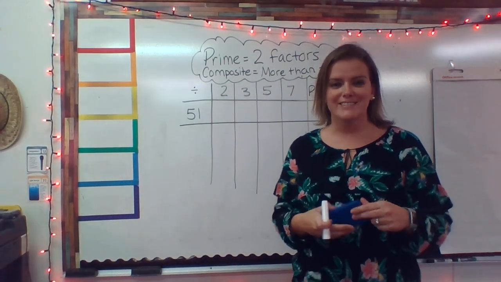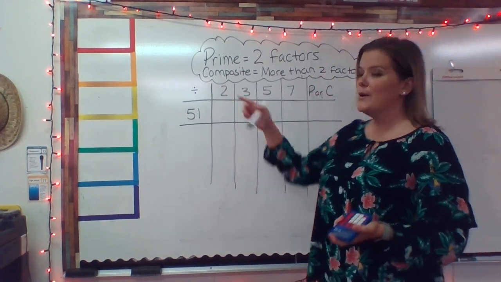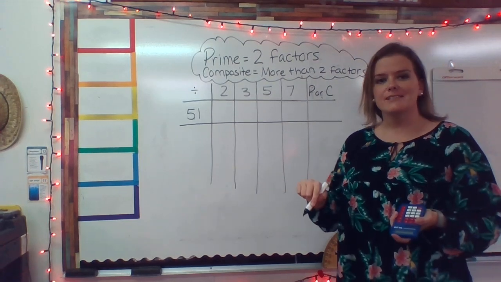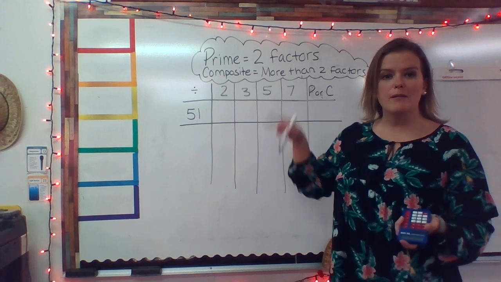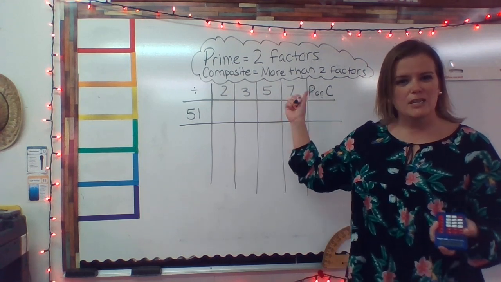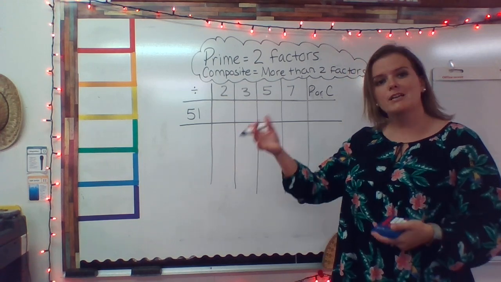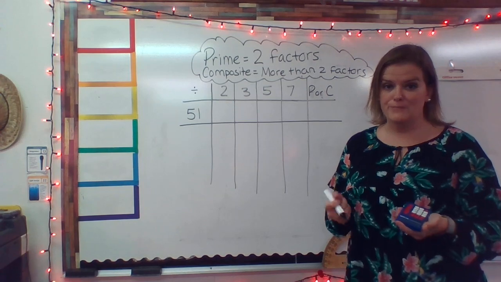I'm going to use a divisibility chart, and I hope what you noticed across the top of my chart are these are all the prime numbers that are less than 10. So 2 is prime, 3, 5, 7, those are my prime numbers that are less than 10. If I try to put one of those numbers into my chart, it is not going to work. So we need to use our number sense first and only use the chart when we absolutely have to.